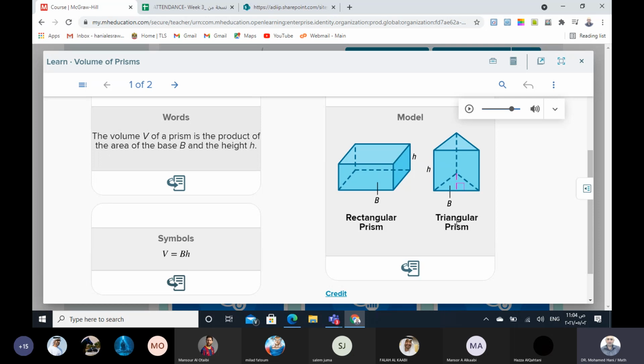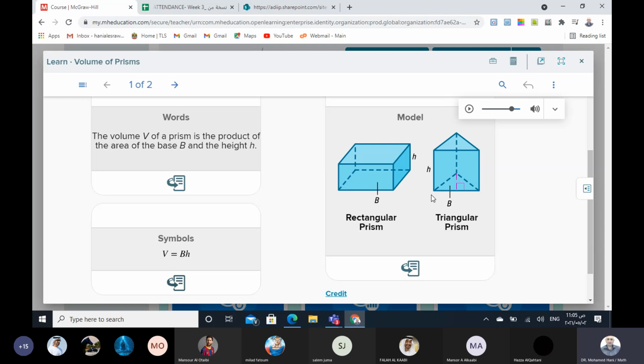As you see in the triangular prism, also we have two congruent parallel bases. But the type of the base here will be triangle. B capital letter means the area of the triangle.